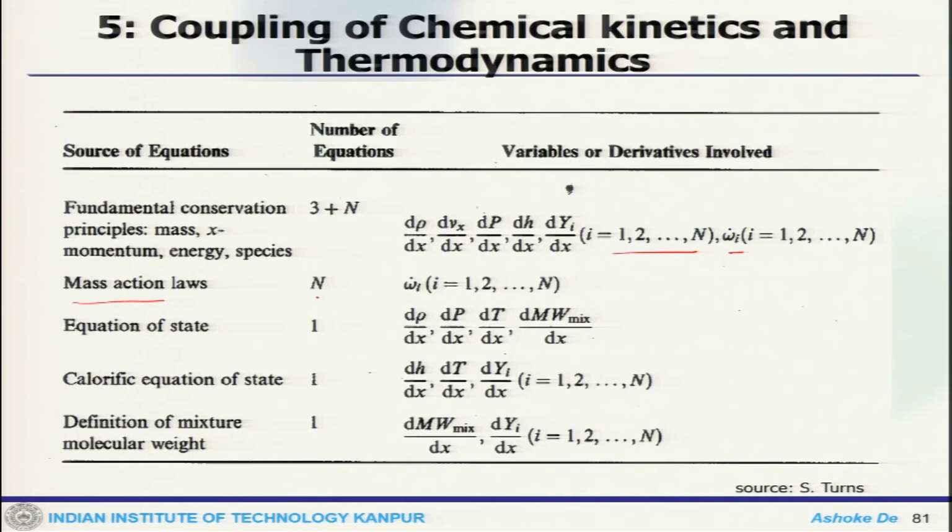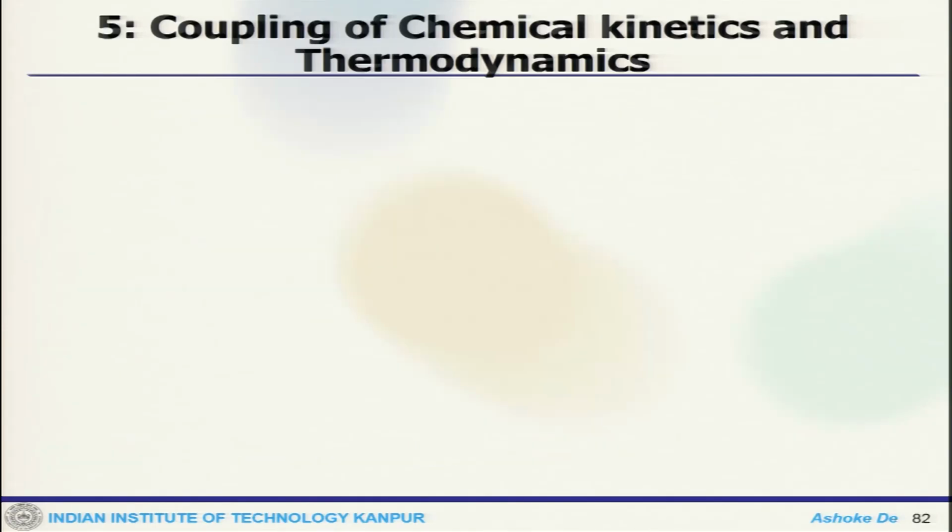Then there is the equation of state, which contains the derivatives d rho by dx, dp by dx, dT by dx, along with the calorific equation of state and the definition of mixture molecular weight. So, these are the sources of equations, the number of equations, and the variables involved.